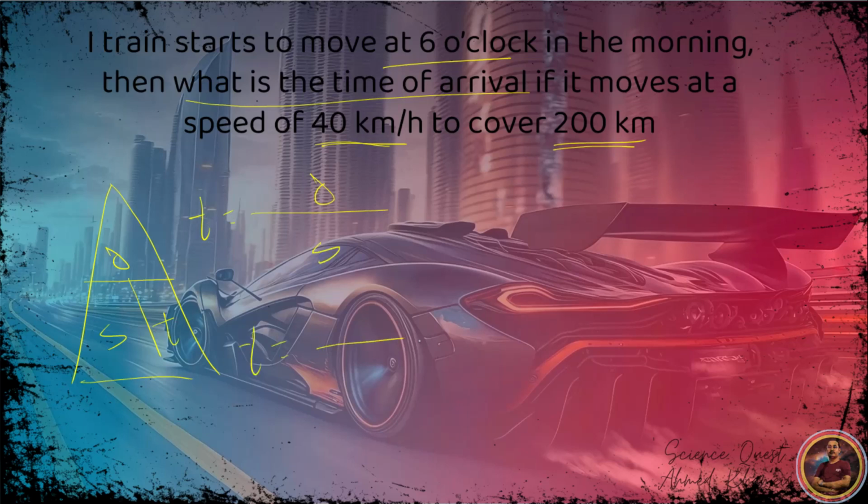So the time equals distance of 200 kilometers over speed of 40 kilometers per hour, equals 5 hours. 5 hours is the time taken by the train in the trip. So it will take 5 hours in the trip and it starts moving at 6 o'clock. So 6 o'clock plus 5 equals 11 o'clock. So the train will arrive at the next station at 11 o'clock.